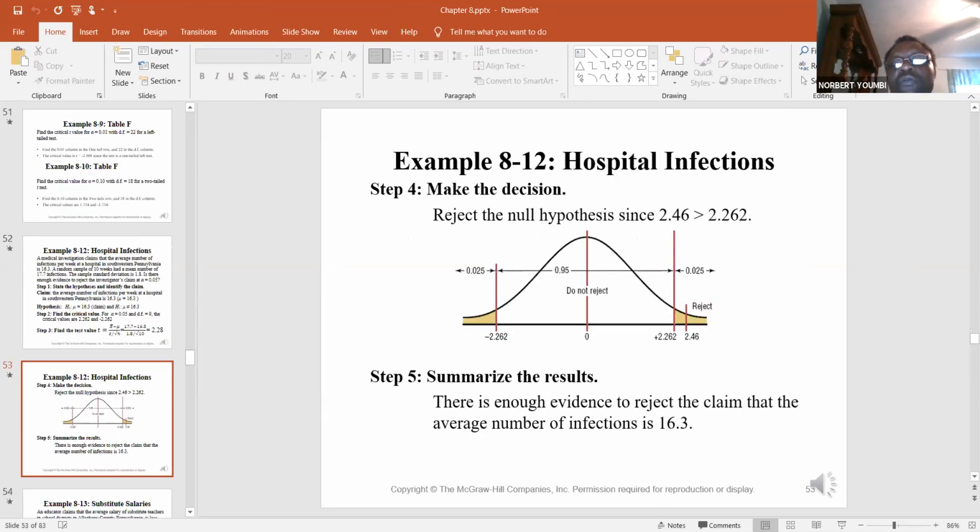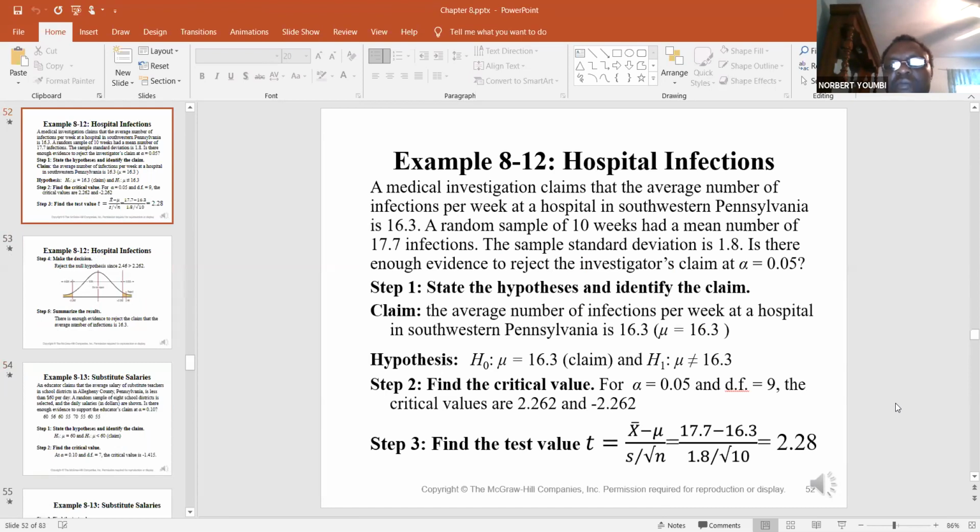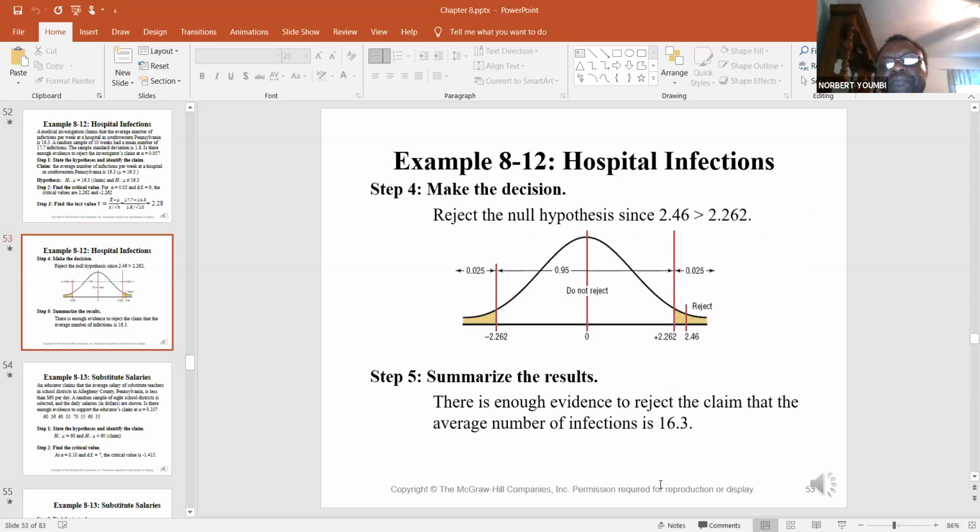So we use the t distribution table. You can also use your TI-83 calculator to find this, but if you have a TI-83 calculator, you can just use it for the t test. And the test value is 2.28.